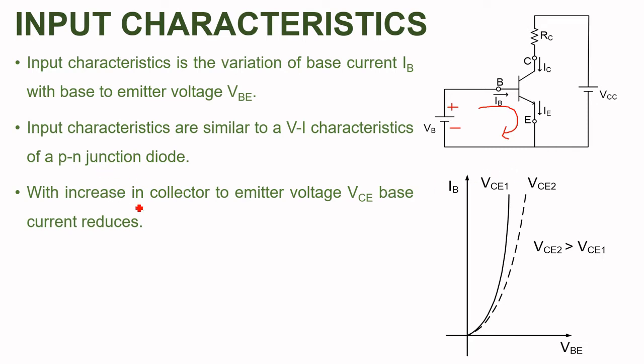Now, if we increase the collector to emitter voltage, the base current will go on reducing. This we can see in the characteristics also.